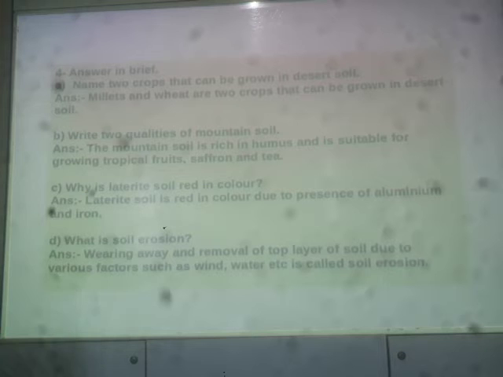Apart from that, maize can also be grown, right? Some kinds of pulses are also grown, but here because two crops are required, I have given millets and wheat.